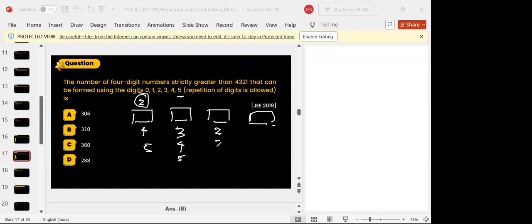Then 3, 4, 5. In this case 2, 3, 4, 5. So 4, 4, 3, 2.